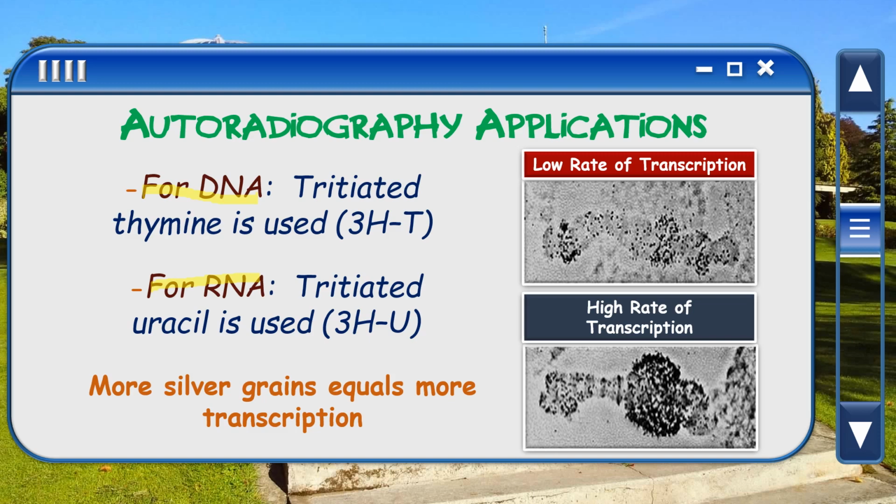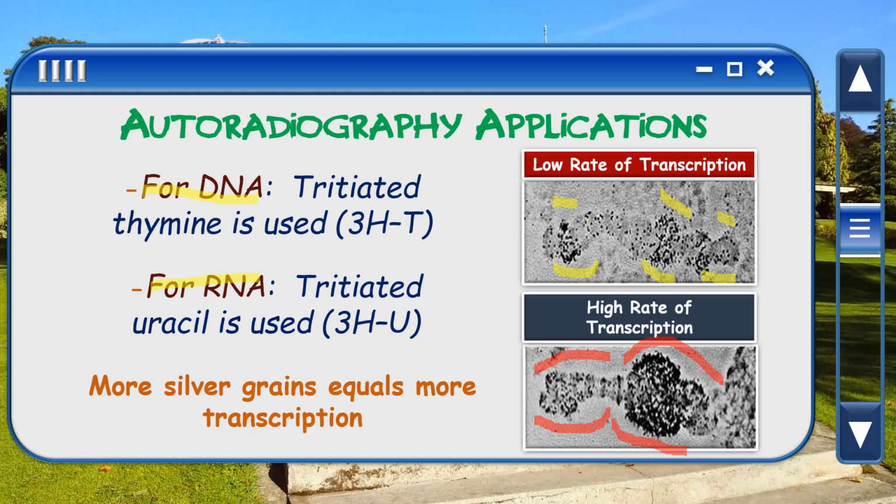Now here, when you look at the grains of silver that were turned into metal, you can see that those black regions are the ones with silver. So if you have fewer black grains, then that means a low rate of transcription. If you look down here, you have very many grains of silver. That means we have a high rate of transcription.